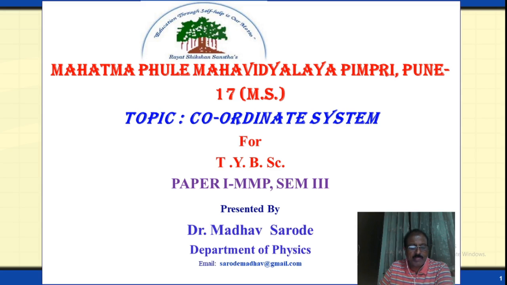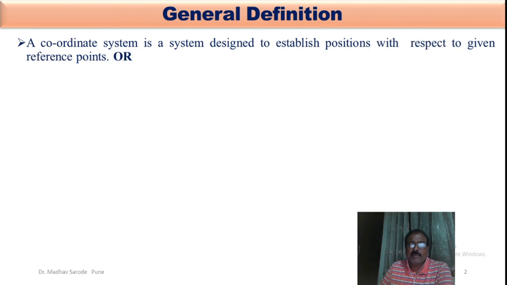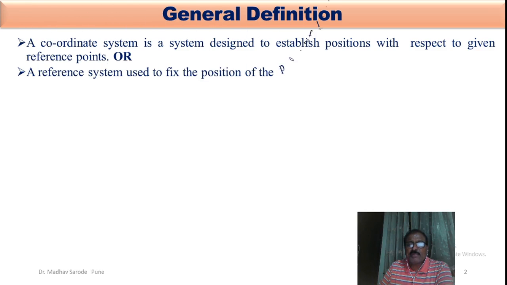So for this purpose, generally we use the coordinate system. In general, a coordinate system is a system designed to establish positions with respect to a given reference point, or a reference system used to fix the position of a point is called the coordinate system.